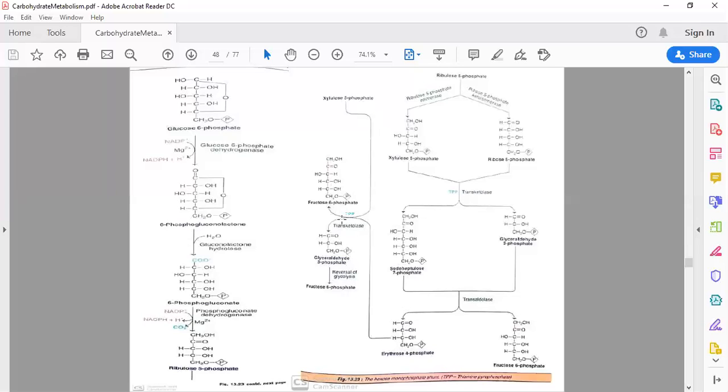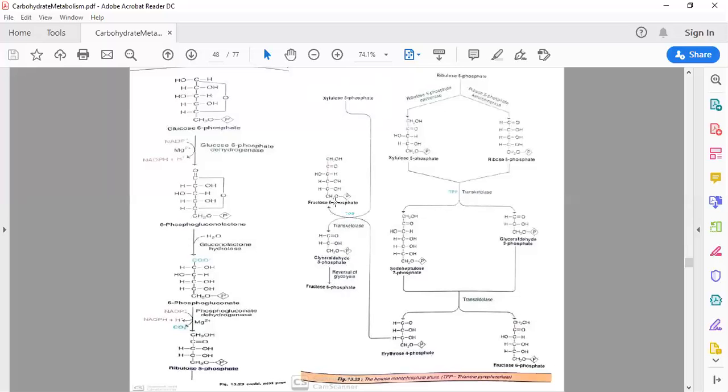So the enzyme involved is transketolase, which transfers the carbons from xylulose 5-phosphate to erythrose 4-phosphate.